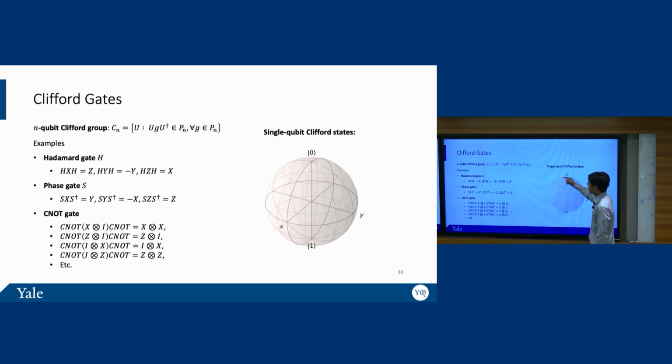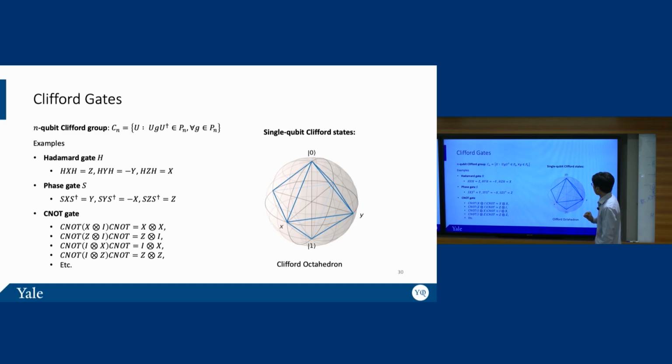Start with a 0, perform Pauli gates or Hadamard or S gates. It does not get you everywhere on the Bloch sphere. It gets you only certain points along the Bloch sphere. For example, an X gate jumps back to 1, and then a Hadamard gate gets to plus, and so on.